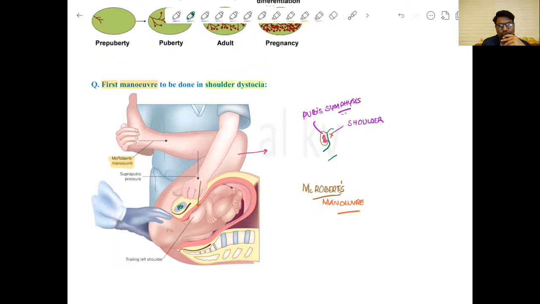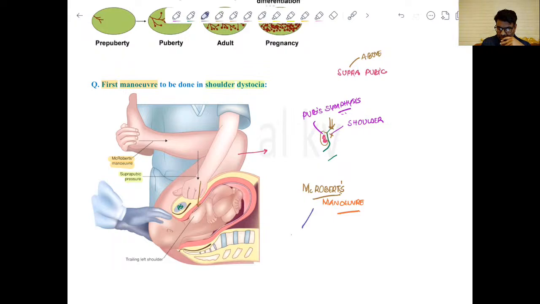Unless you disengage it, there will not be any descent. So we give suprapubic pressure, right? Supra means above, so we give pressure from here. Suprapubic pressure with the leg in flexion is the McRoberts procedure which has to be done for shoulder dystocia.